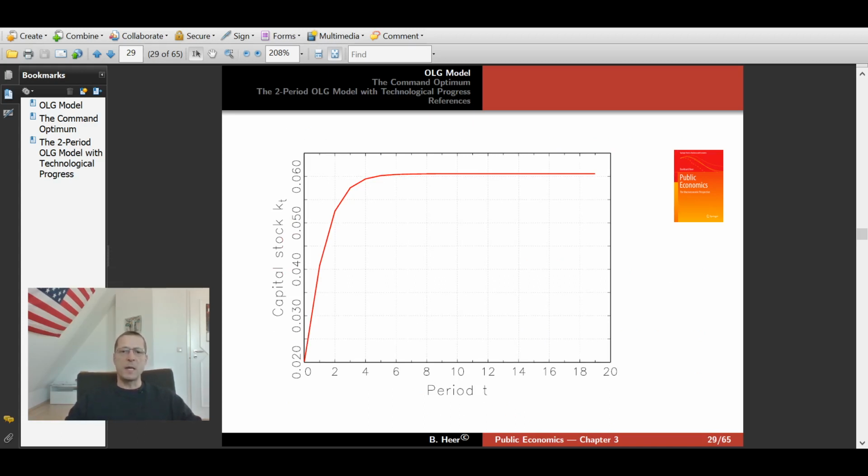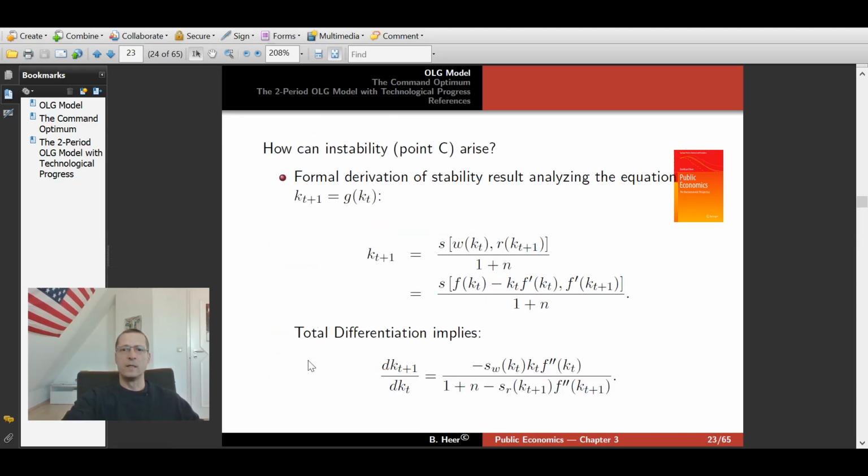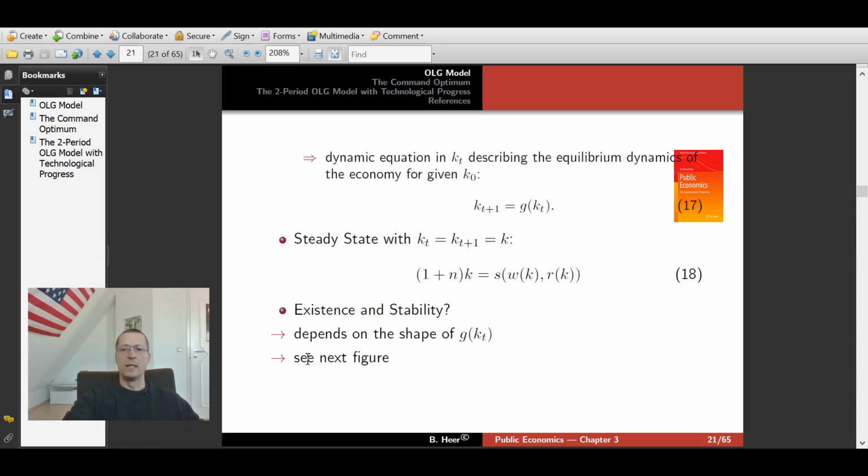Here you see the dynamics of the capital stock over time. We start with the capital stock in period 0, which I set equal to 0.02, and we substitute it in our dynamic equation here. So on the right-hand side, we just substitute K_0 equal to 0.02 and compute the capital stock in the next period, K_1. After this, we substitute K_1 again to compute K_2, and so on.